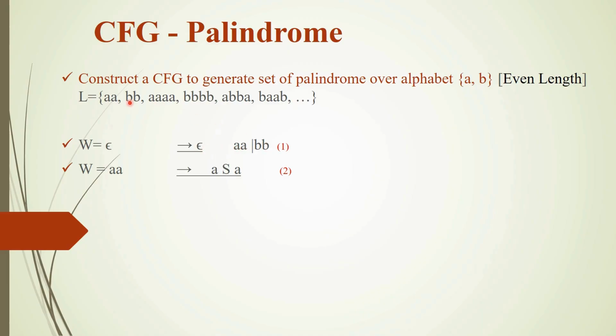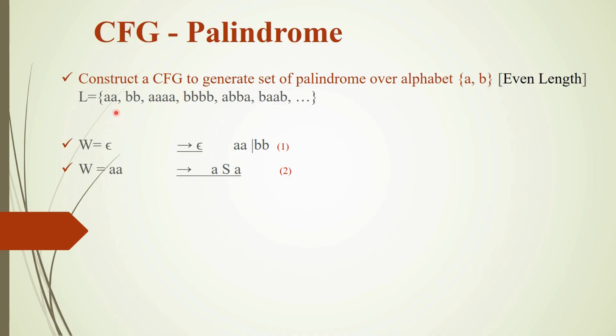But why do we use epsilon? Because at some point you can generate the string by replacing S with epsilon. So that's why we generate the first initial grammar with epsilon only, not with aa and bb. If you want to generate with aa or bb, it is also correct.